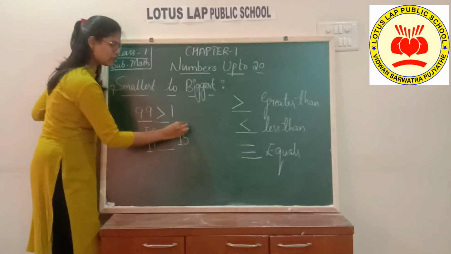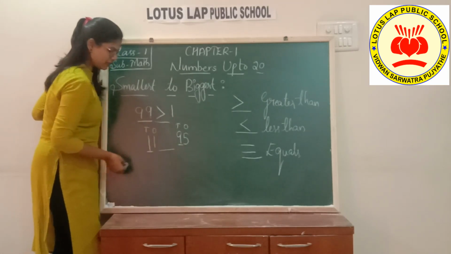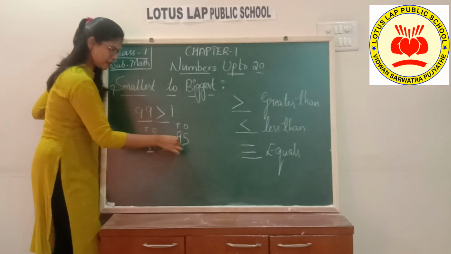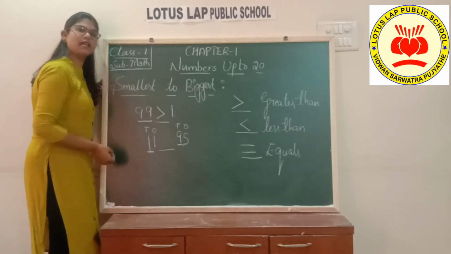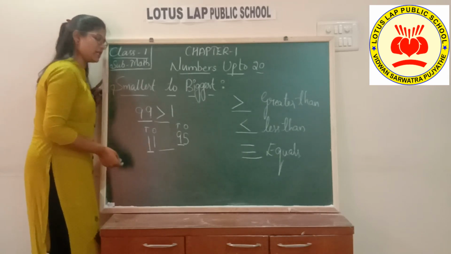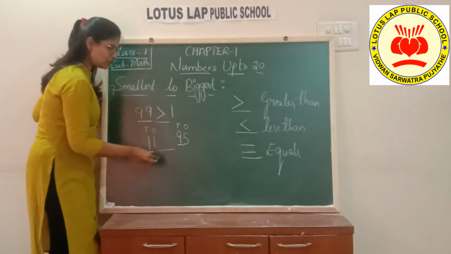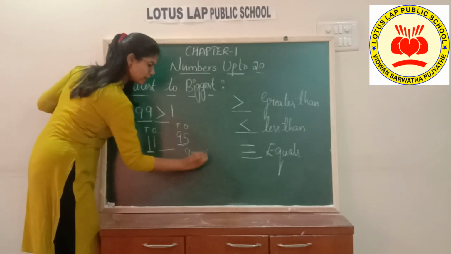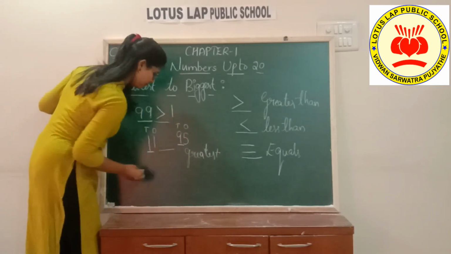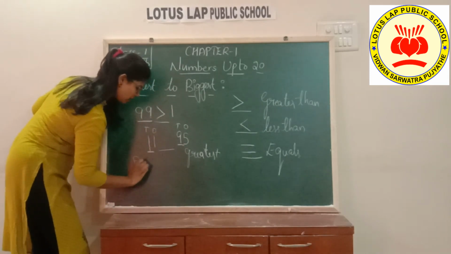Here this 5 is in 1's place, 9 is in 10's place. Now compare these two numbers which are in 10's place, 1 and 9. Which is the greatest one? Yes, 9 is the greatest number. Here 11 is the smallest.